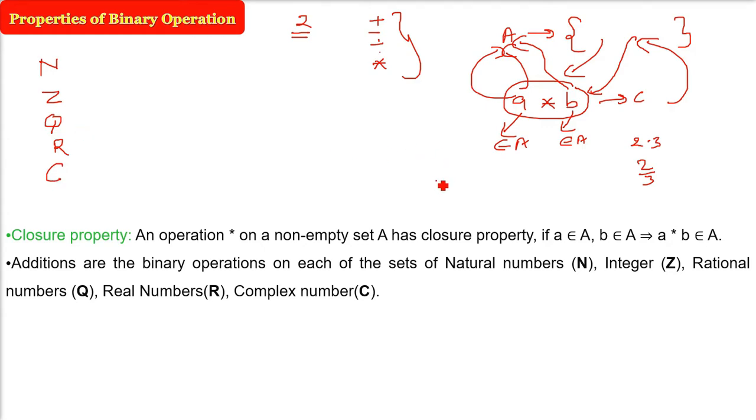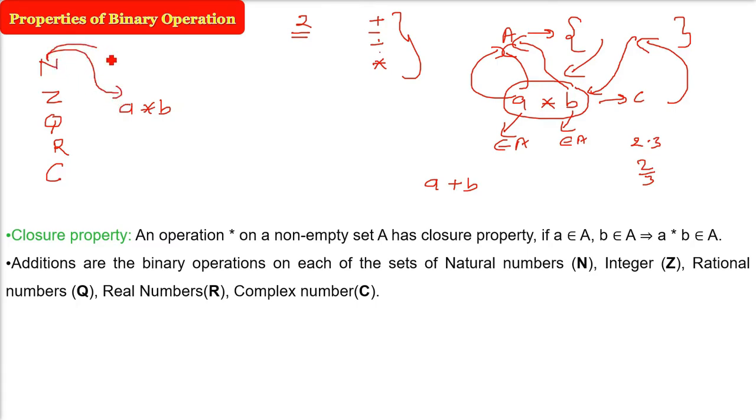So when we are talking about addition, a plus b, this star I have replaced by plus. And when we are talking about this a plus b on natural numbers, on integers, on rational numbers, on real numbers, on complex numbers, this holds. That's the addition holds.